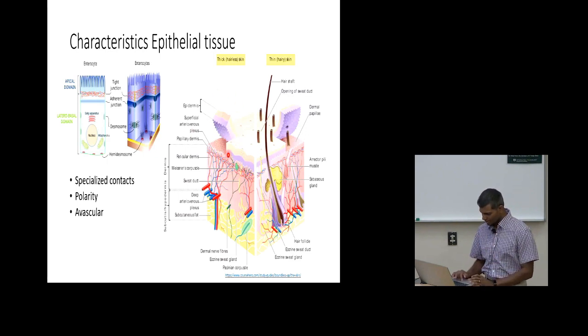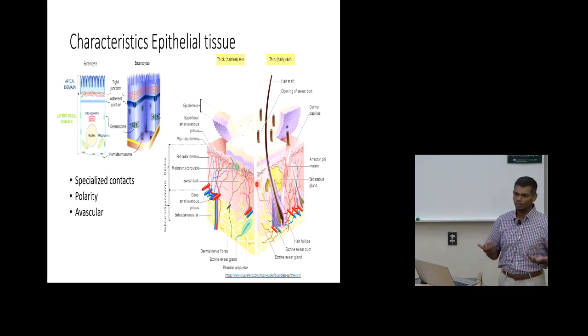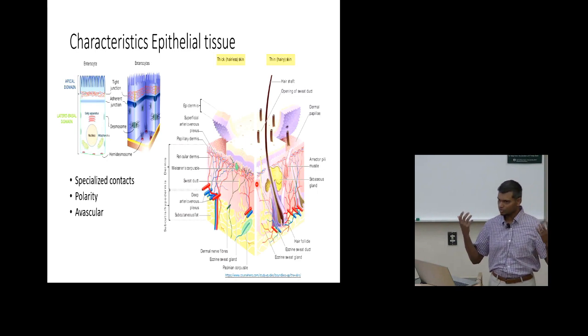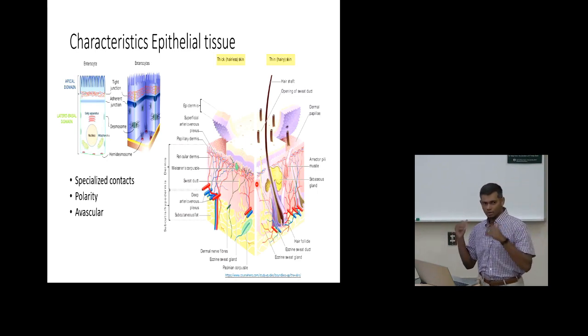And you see here, the upper layer of the skin, called the epidermis, is peeled off. This layer which is peeled off is made up of epithelial tissue, specifically stratified squamous epithelial tissue. And right below that, at this junction, you see that there are blood vessels, but those blood vessels are not going all the way to the epithelial tissue. So the only way nutrients or waste can reach the upper layers is through diffusion, because the blood vessels don't innervate that part.